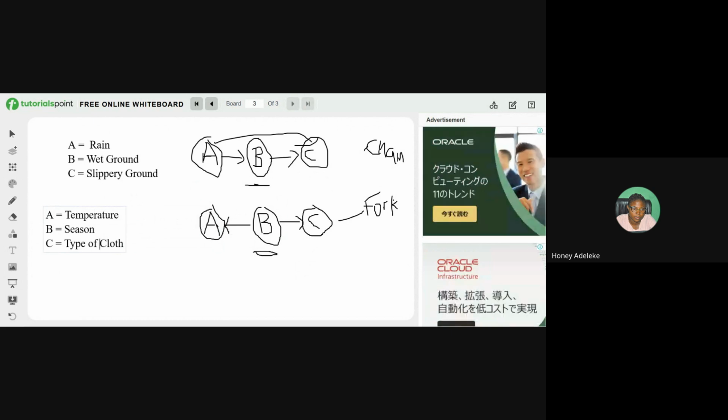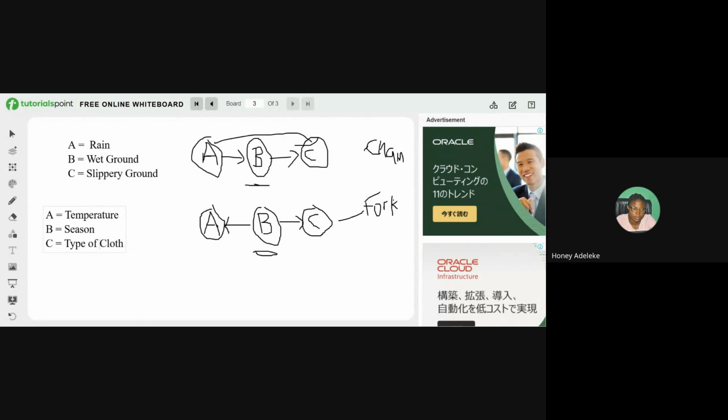Now, for this fork part, once we know the season, then the path is blocked.